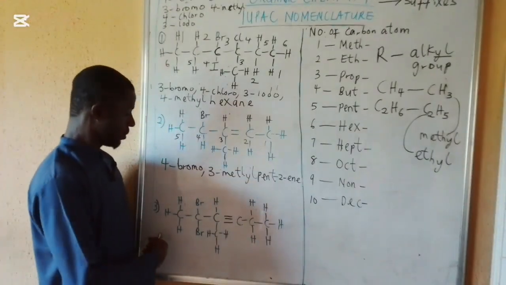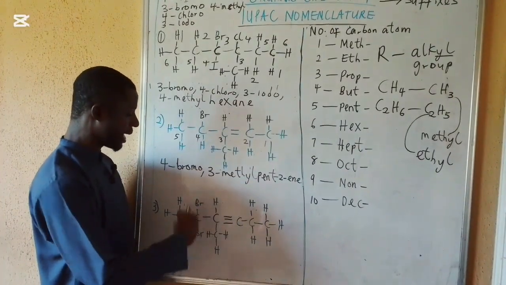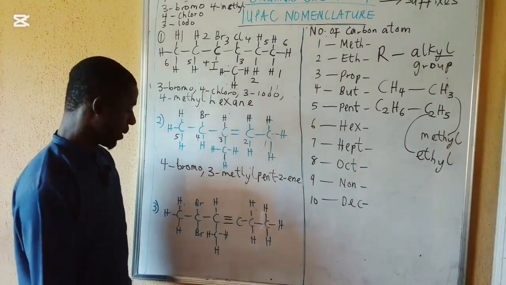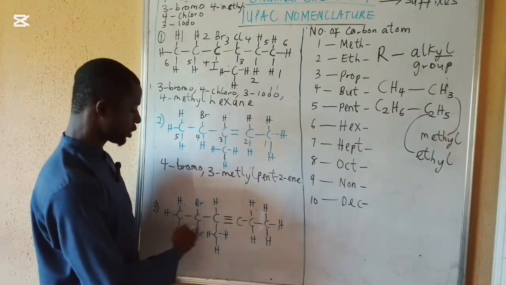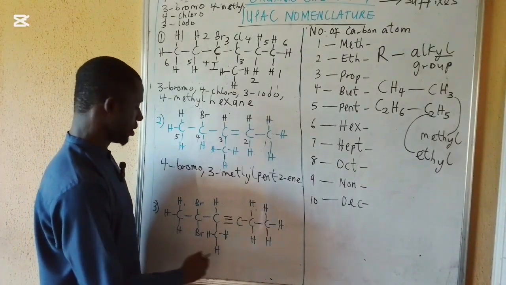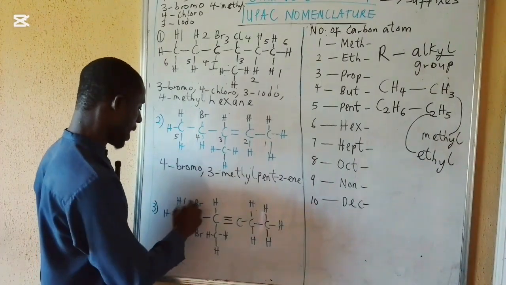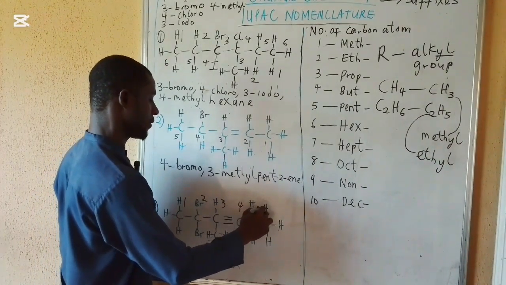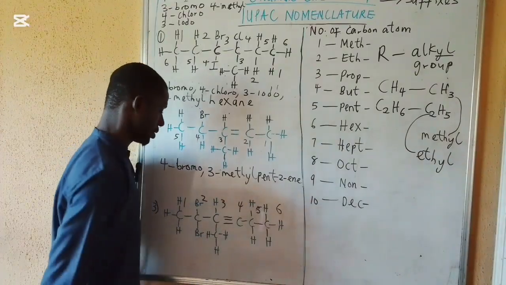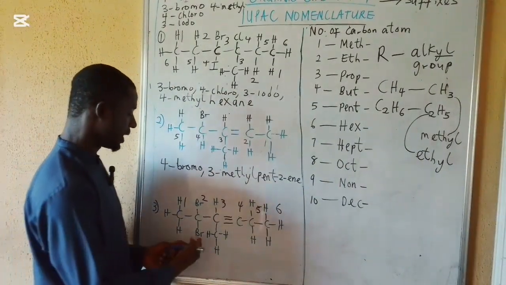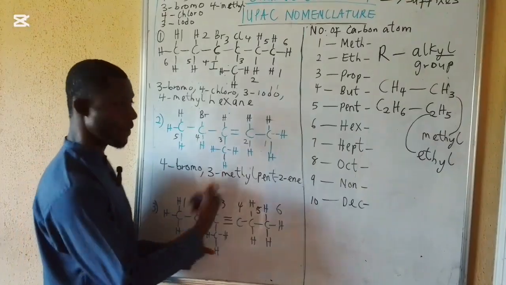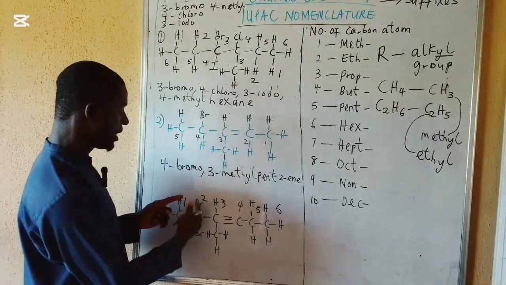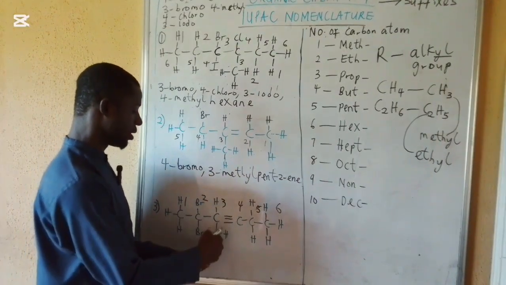That will determine my numbering now. So I have 1, 2, 3, 4, 5, 6. And I'm going to consider alphabetical order also. B starts before M.